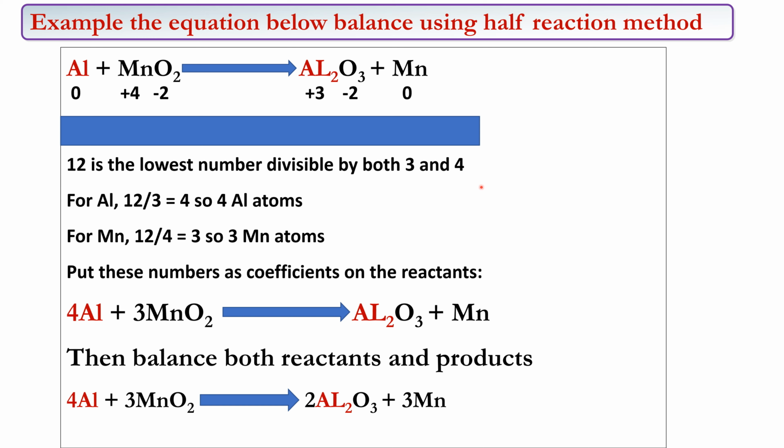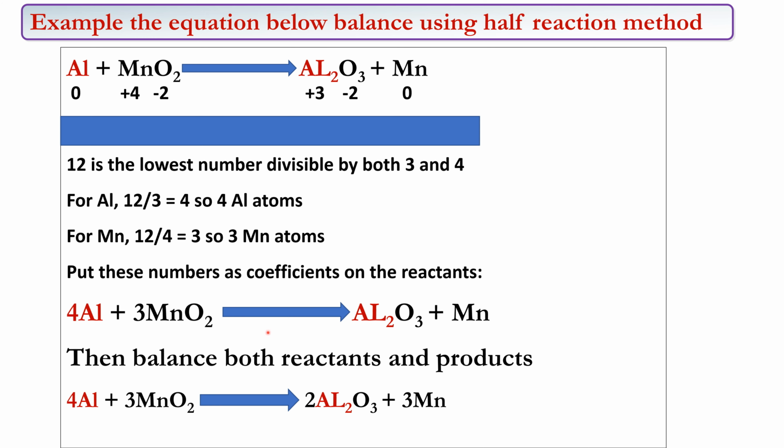So for aluminium, if you divide 12 by 3, you will get 4. So you need 4 aluminium atoms. For manganese, if you divide 12 by 4, you will get 3. So you need 3 manganese atoms. So you put these numbers as coefficients on the reactants. So we put 4 for aluminium that we calculated here, and we put 3 for MnO2 that we calculated here.